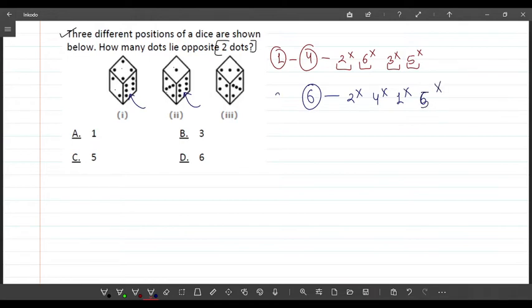Finally we are left with 3. That means 6 and 3 are going to be opposite to each other. Now we are left with only one pair, which is 2 and 5. Hence the number of dots opposite to two dots is going to be 5 dots. Hence option C should be marked as the correct answer.